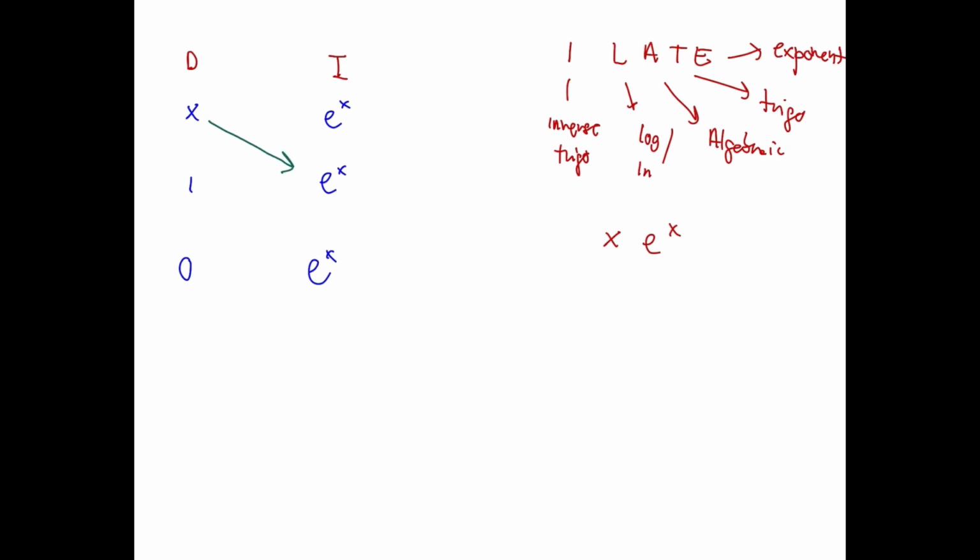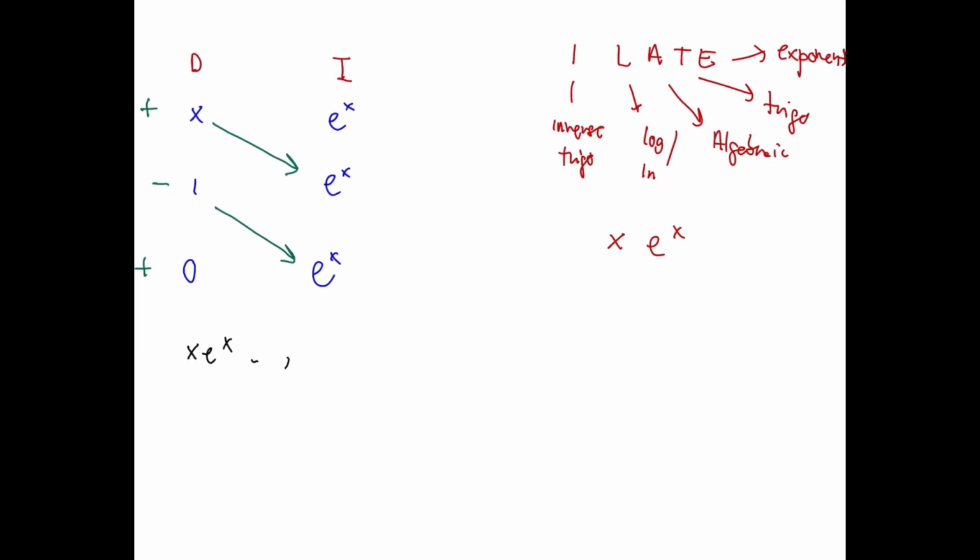Then x multiplied by e^x, this one multiply this one, and put the alternate signs, positive, negative, positive. So what is this answer? So positive x multiply e^x, so x e^x minus e^x.